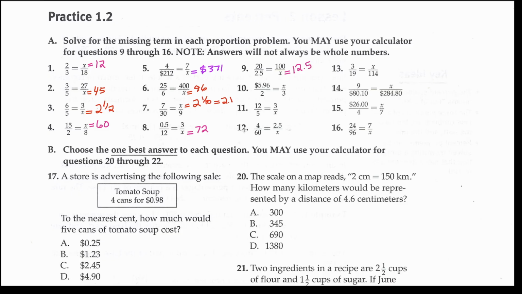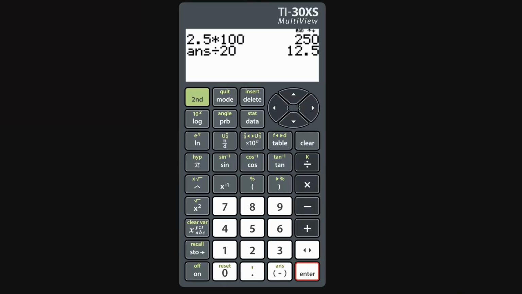Okay, now look at number 10. $5.96 times 3. Okay, that's the two numbers that we are going to multiply using a calculator. $5.96 times 3.